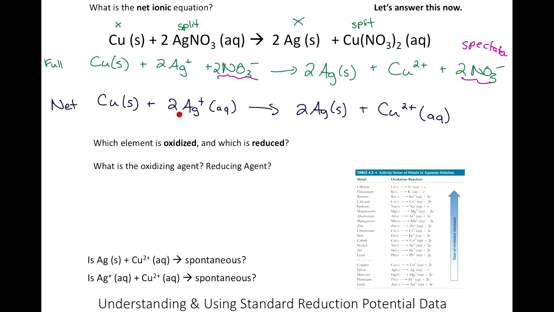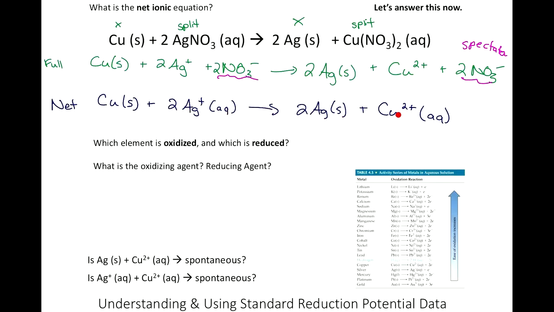It's focusing on the redox reaction, on the thing that's being oxidized and reduced. We got rid of the nitrate because we don't need to include it. Yes, it's there as the salt, to counterbalance the charge, but it's not participating in the reaction at all, so we can leave it out. This net ionic equation is much cleaner.